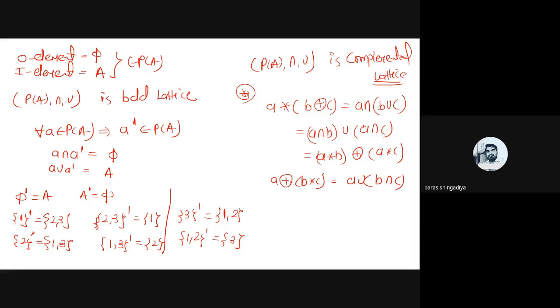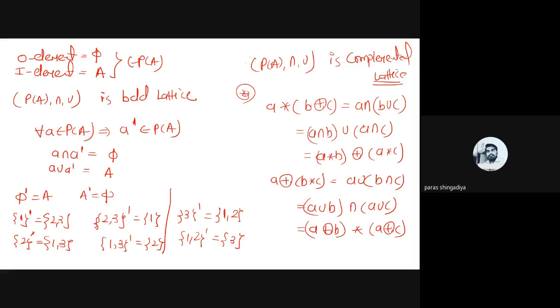A union B intersection C is equal to A union B intersection A union C, and that is equal to A ring sum B star A ring sum C. Clear? And that is the proof of the second one.